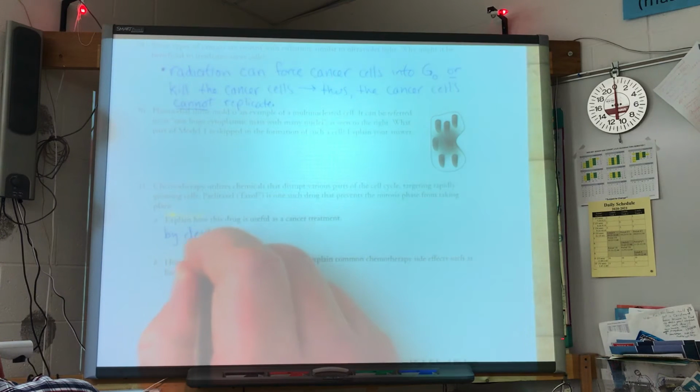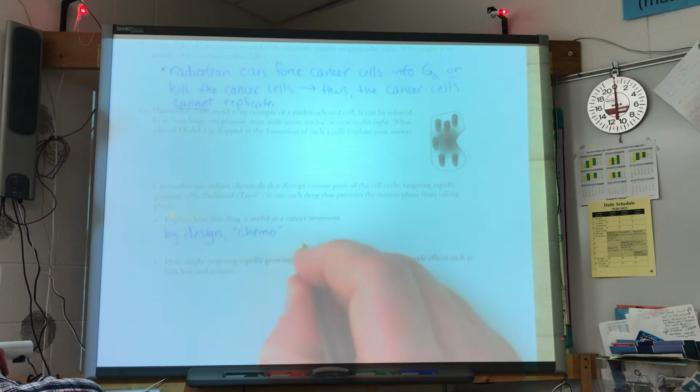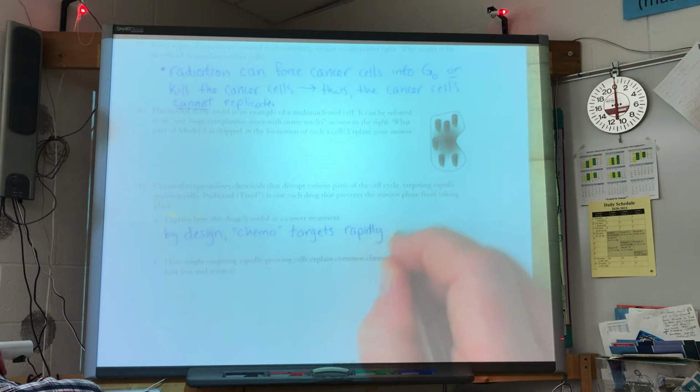Because what is a rapidly dividing cell? That's cancer, right? So this chemical goes through the body, and I don't know the mechanism of how this works. I'm not going to pretend like I understand how chemotherapy works. But I know that it looks for rapidly dividing cells, which is cancer. So it goes through, finds those rapidly dividing cells, and shuts them down. It kills them, it destroys them. That's good. It's killing the cancer cells.